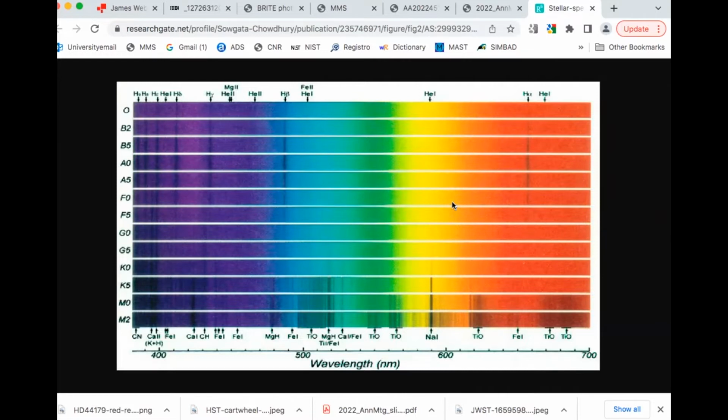Okay? So originally, the classification was based only on the complexity, that the stars that were called type A were the ones that had the minimal number of visible lines in low resolution spectra, like these.